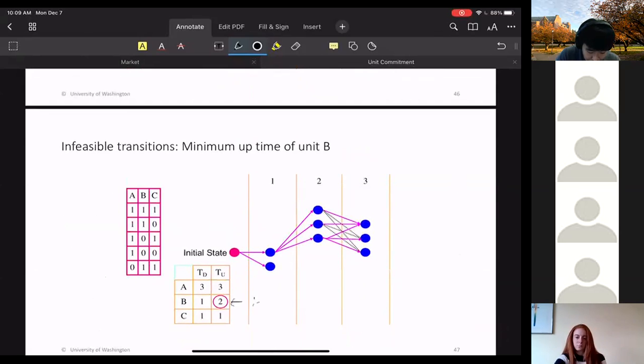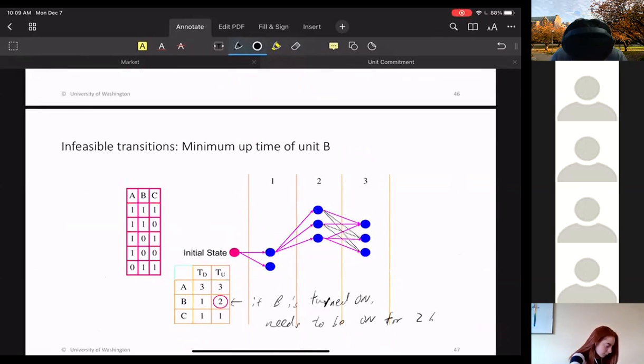So this says if B is turned on, it needs to be on for 2 hours. Okay, so these dotted lines are eliminated, because they are not feasible. They require turning B on and then immediately turning B off. So these are not possible. Okay.